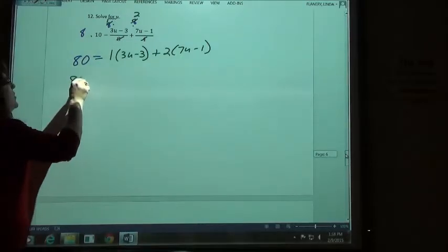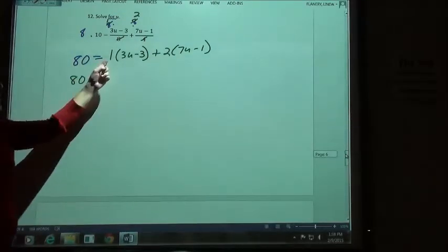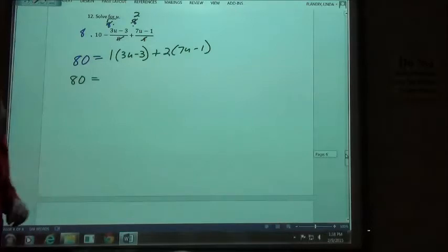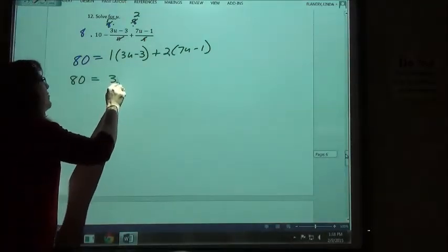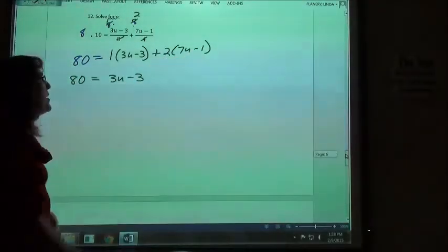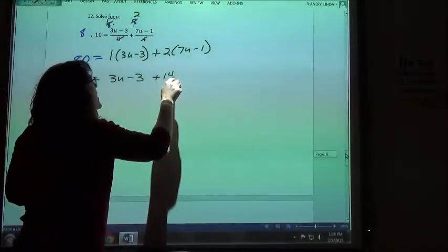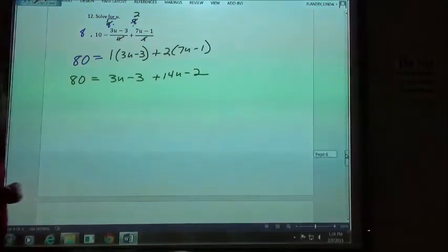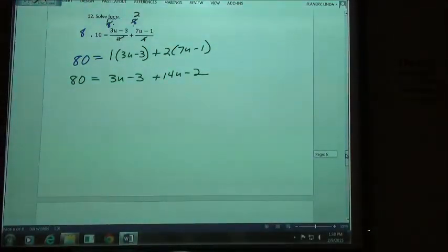So 80 is going to equal. When I take this times 1, not going to change much there, right? I still get 3u minus 3. Here I'm going to multiply by 2. So plus 14u minus 2. So again, on this one, the right side has a whole bunch of terms.